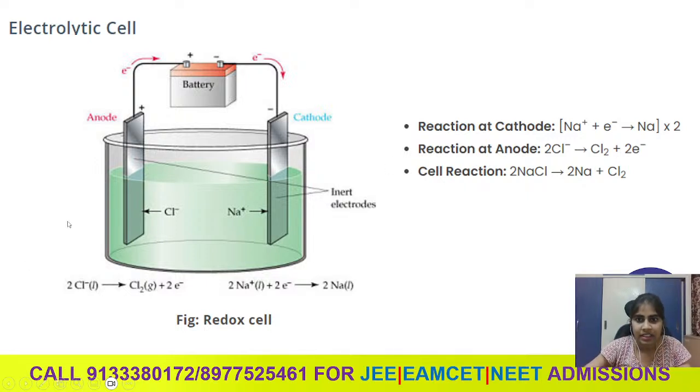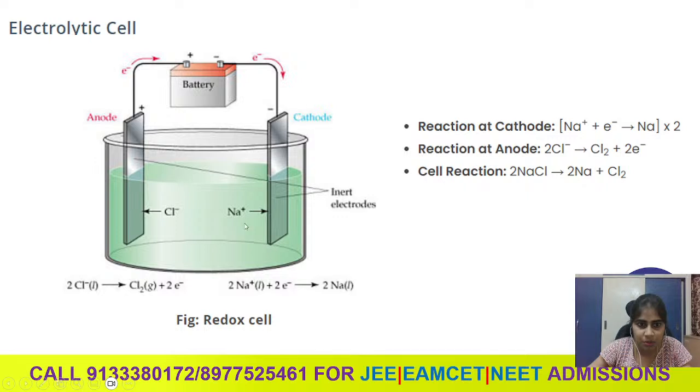You can see reaction at cathode. Here what reaction happens? This Na plus will take electron and it is converting into Na. And what happens at anode? We are taking here the molten NaCl. We have Na and Cl ions in this.